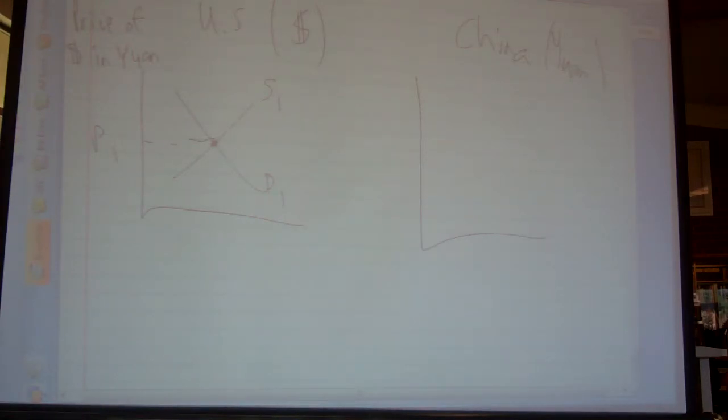Because it's all about comparing. If it was US and Mexico, that'd be the price of the dollar in pesos, right? Now, what do we label this down here? Kathy, quantity of dollars or quantity of money. Sure, quantity of dollars.